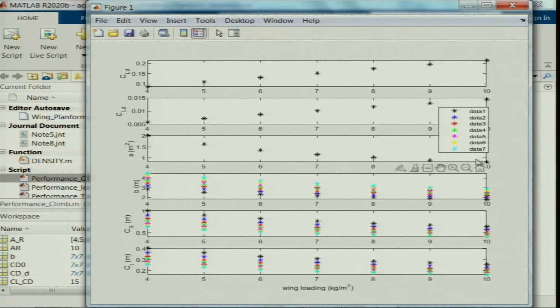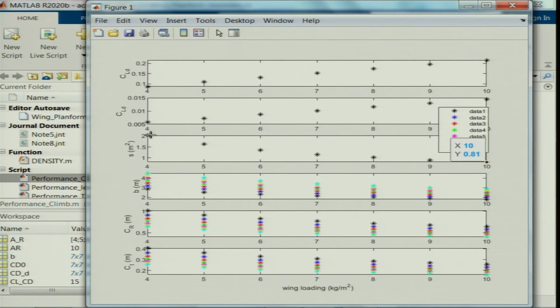So, if you look at this, the wing area when you are flying, for these 3 parameters just depends upon wing loading here, right. So, the wing area turns out to be, at wing loading 10 it requires about 0.8 meter square, right.